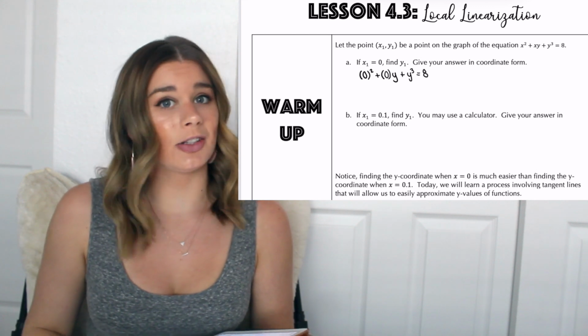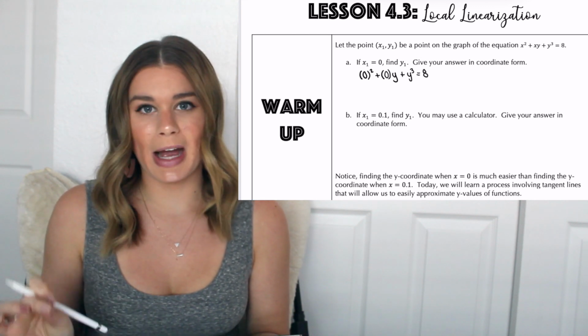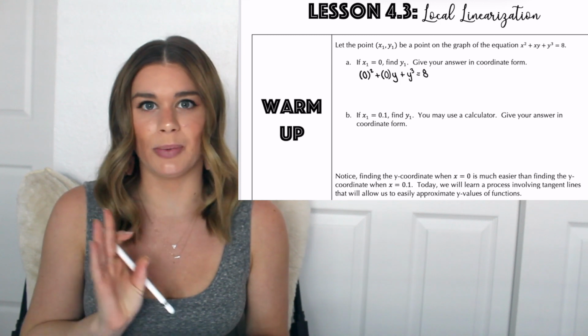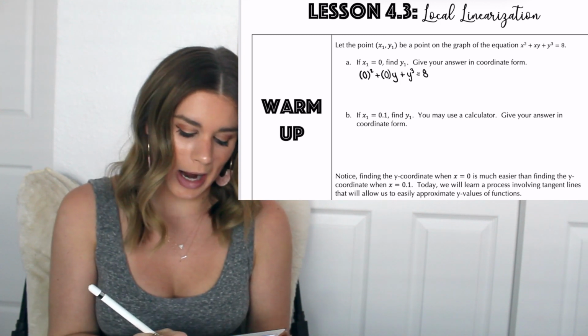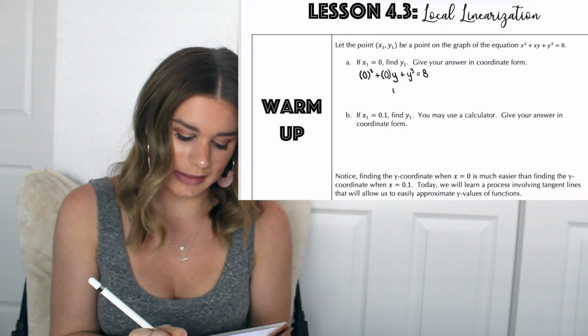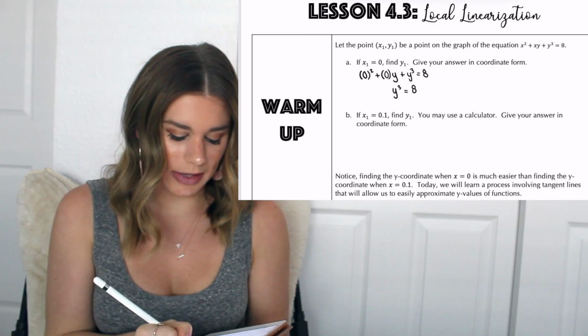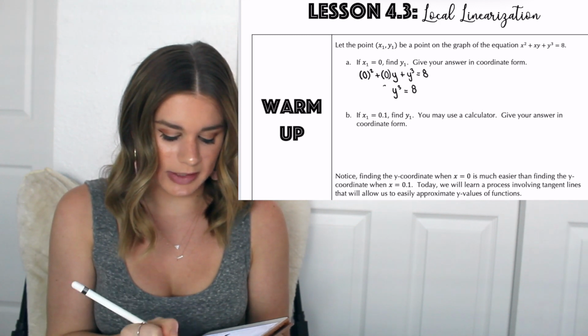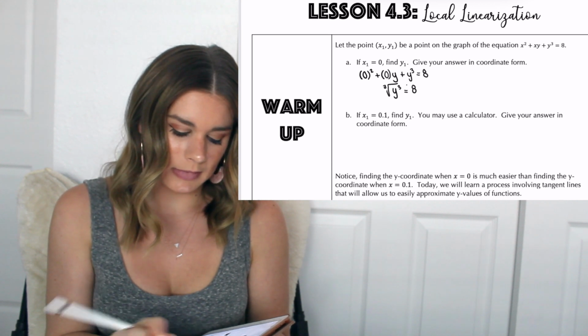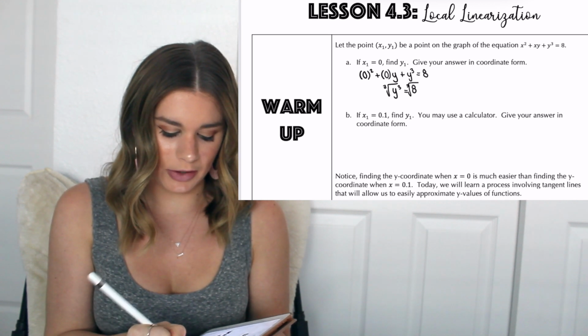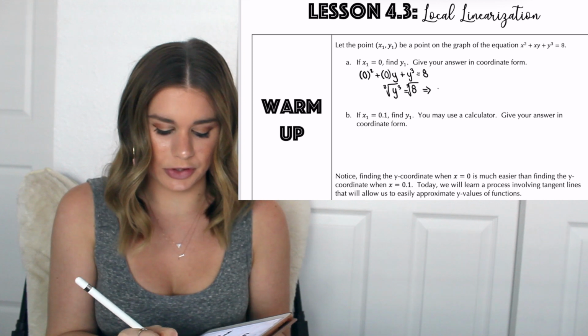Well, 0 squared is just 0. 0 times y is 0, and then we're just left with on our left-hand side, y cubed is equal to 8. So to get y by itself, we'll take the cube root of both sides, and we are left with y is equal to 2.